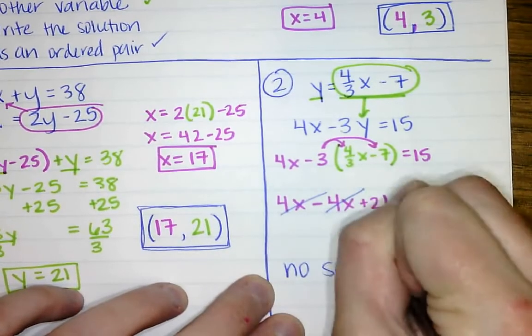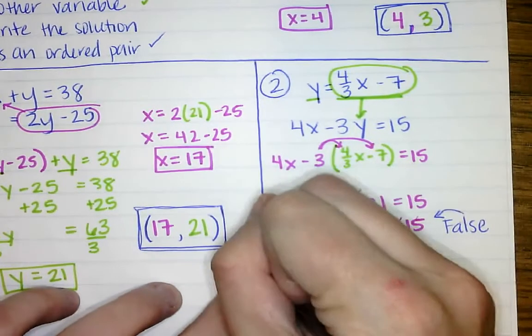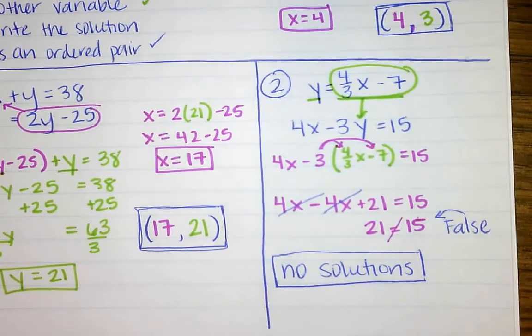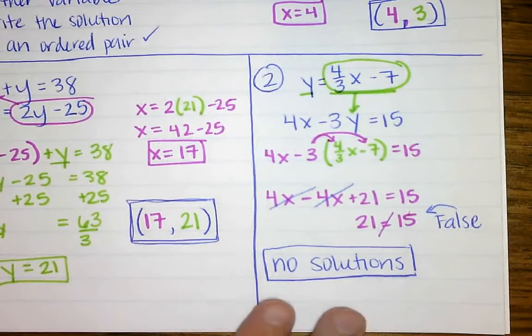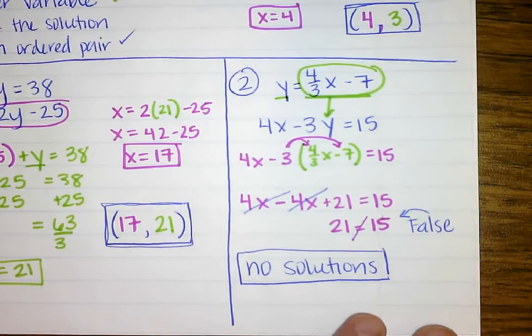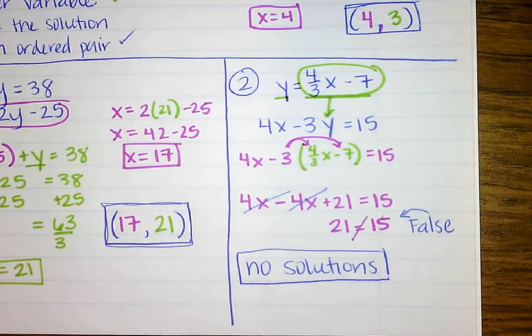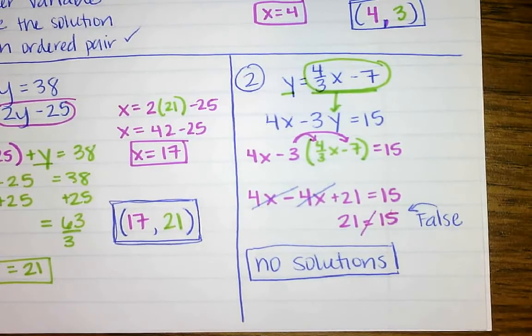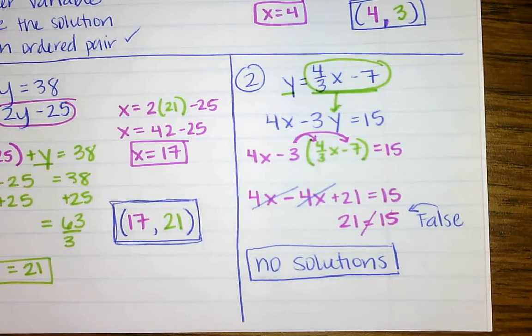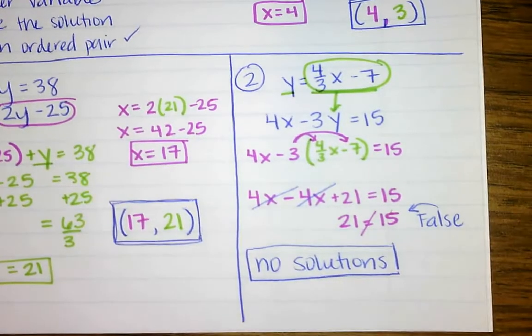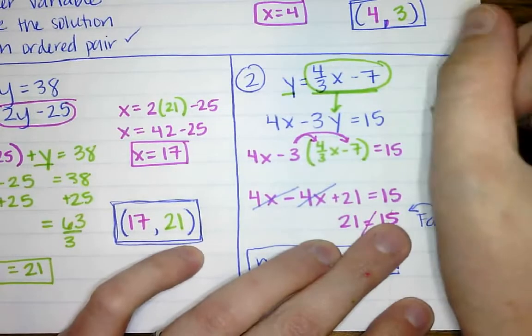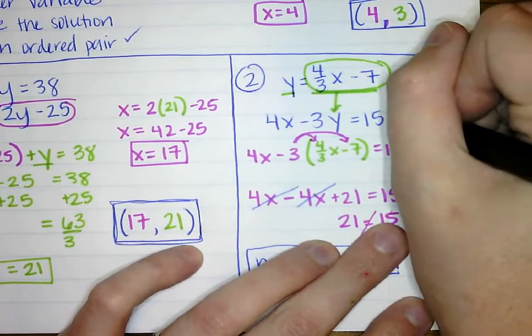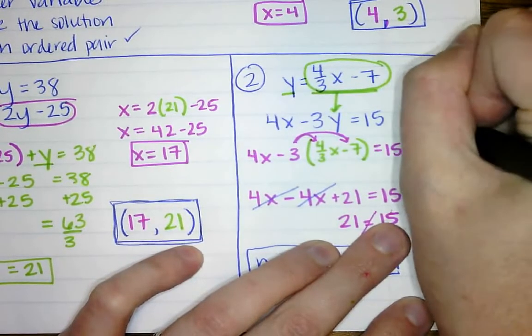When you have a false statement like that, then there are no solutions. Because, y'all, if we had actually changed this guy into our slope-intercept form, if we'd subtracted our 4x and divided by negative 3, that would have been y equals 4/3 x minus 5.